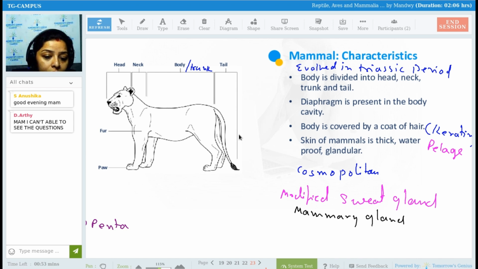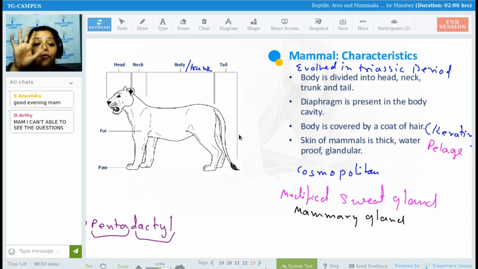Penta means five. Yes, dactyl means digits. So we have five digits, five fingers. So we use the term pentadactyl.